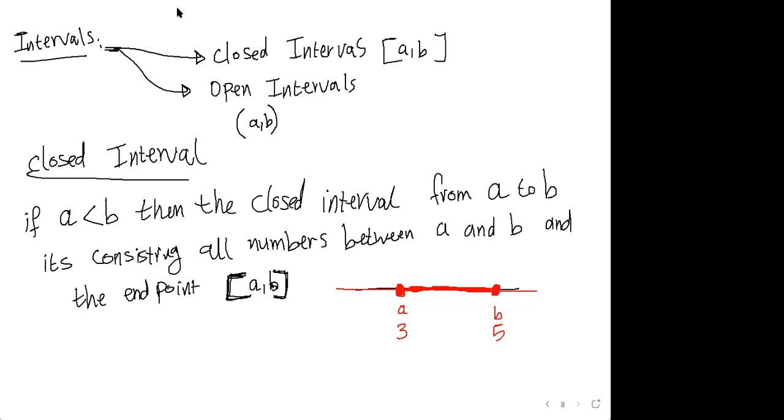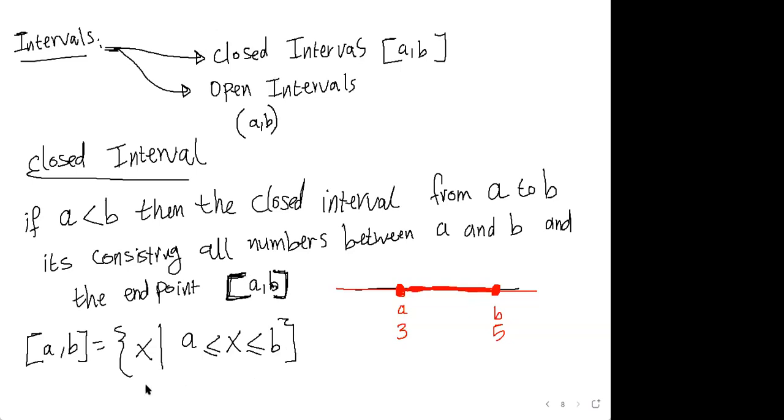So how can I denote this? I can denote this by this: [A, B] is equal to {X such that A is less than or equal to X, less than or equal to B}. You see the equal. So the closed interval [3, 5] is equal to {X such that 3 is less than or equal to X, less than or equal to 5}.